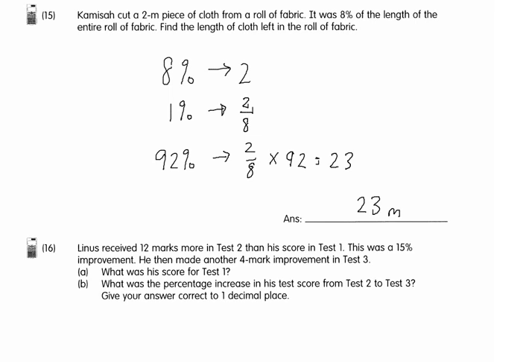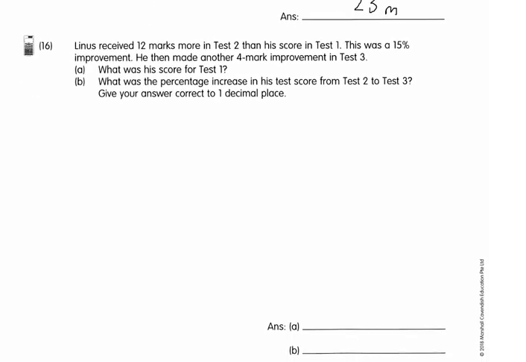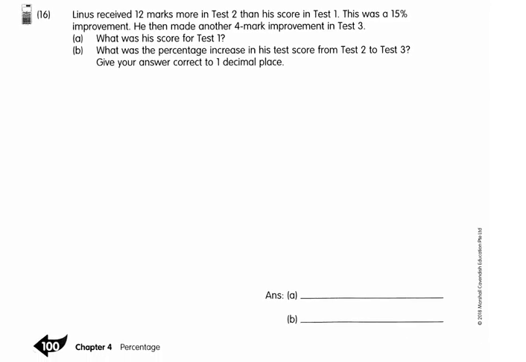Let's look at question 16. Linus received 12 marks more in test 2 than his score in test 1. Right? So let's say in test 1, he scored X number of marks. How many marks did he score in test 2? X plus 12. Okay, right. This was a 15% improvement.